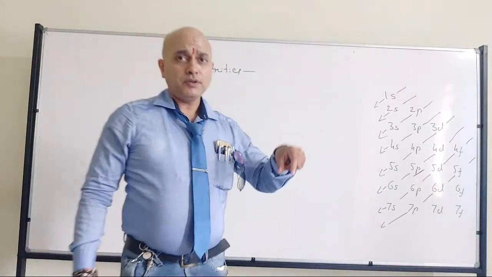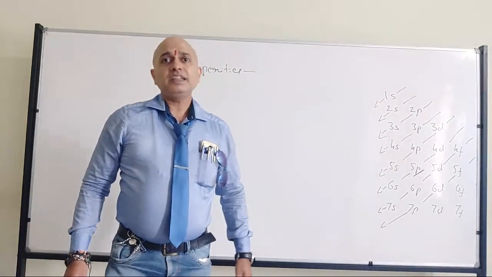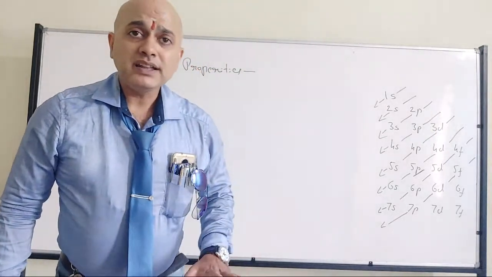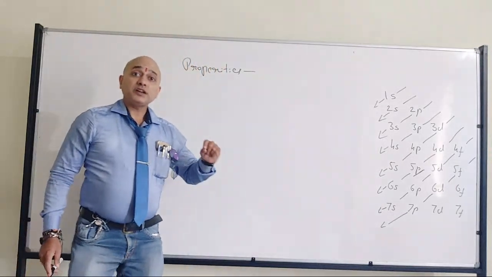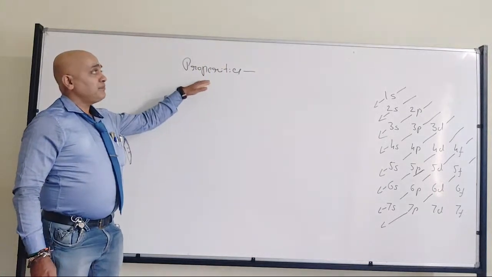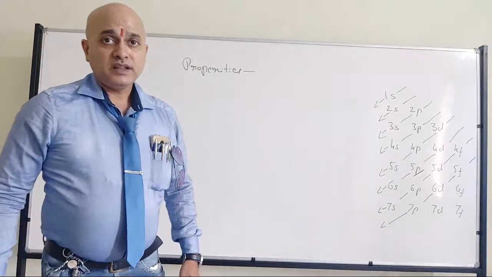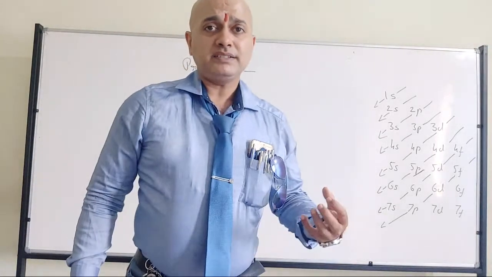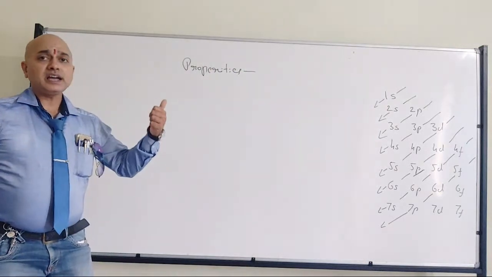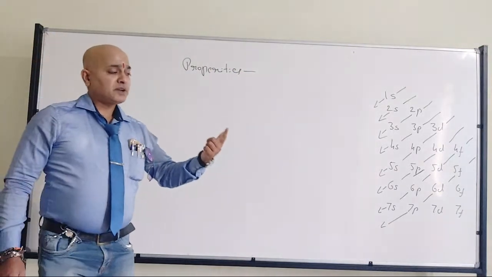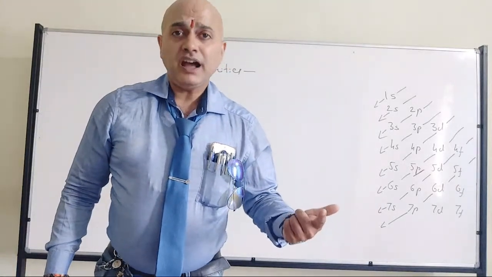I am talking about those properties which are going to decide the chemical or physical properties of these elements. How exactly these elements are distributed in the periodic table with respect to their atomic number, with respect to their outer electronic configuration, everything we have already understood.